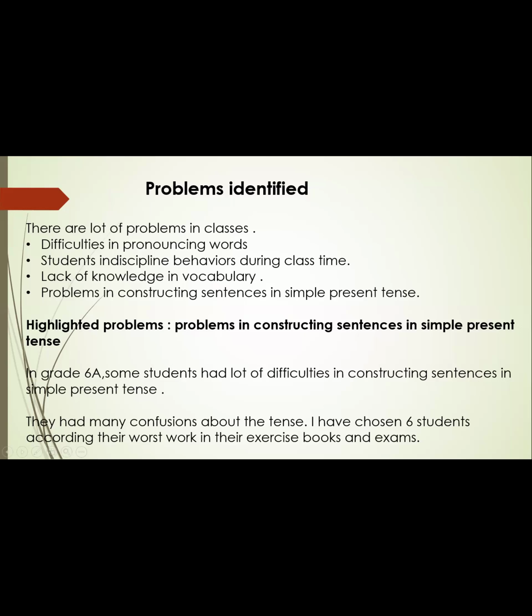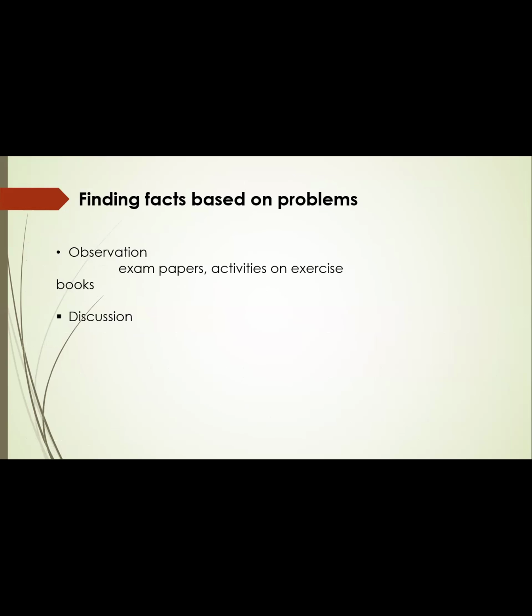They had much confusion about the tense, so I have chosen 6 students according to their worst work in their exercise books and exams. Finding facts about the problem through observation of their exam papers and activities in their exercise books. I found those problems.